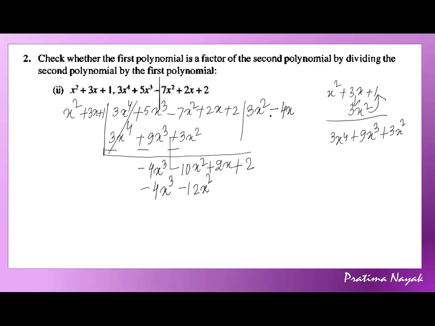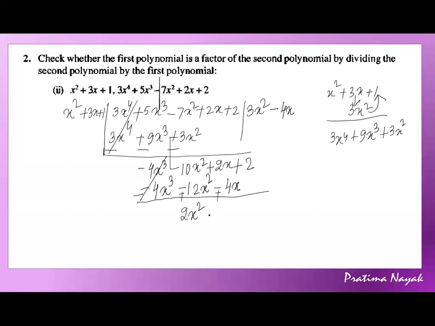Next I'll go for minus 4x square plus minus 4x. Then subtraction. These two will be cancelled. So I'm getting, this is a plus, so 2x square.